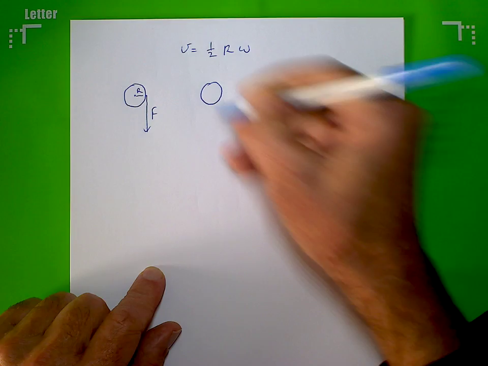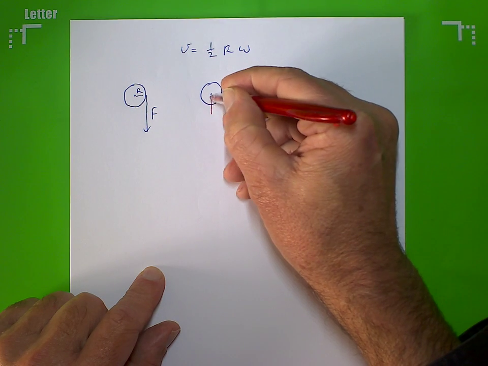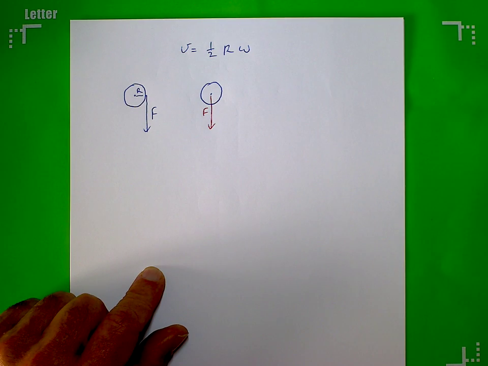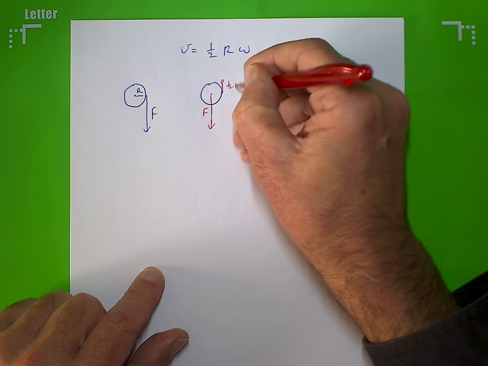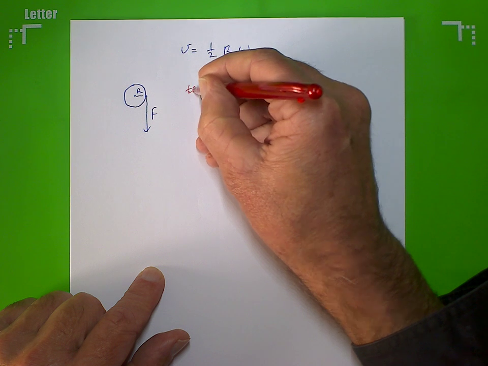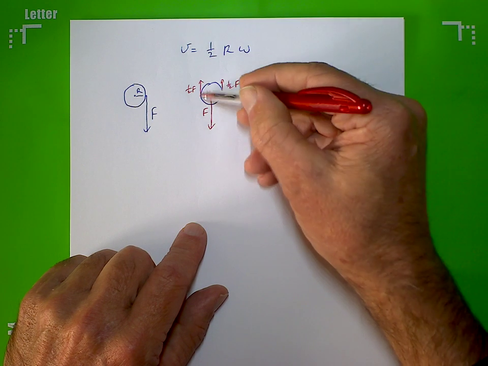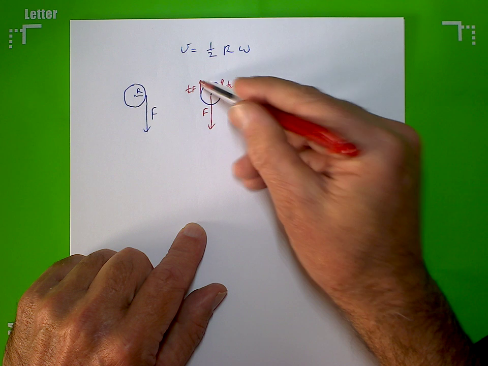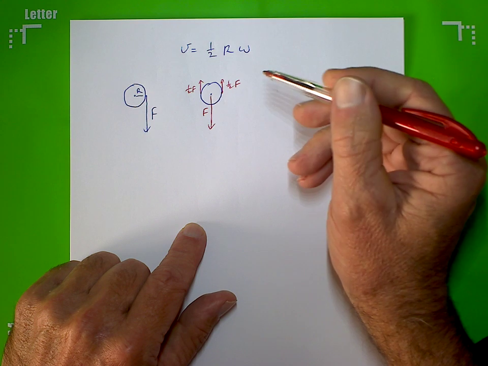I'm going to add the following three forces: a force the same as the original force, and then two forces, each a half of that, going the other way. Sum total of these forces is 0, F down, F up. Torque, take the torque about this point, no torque from that, and the torque from that and the torque from that cancel each other out.